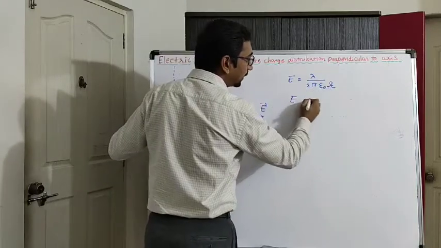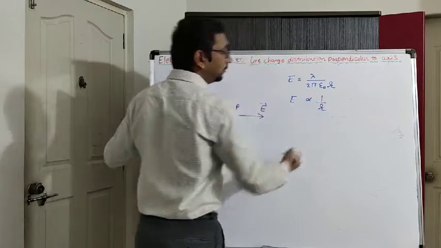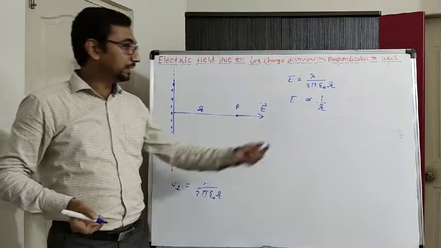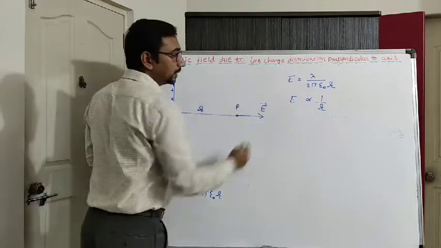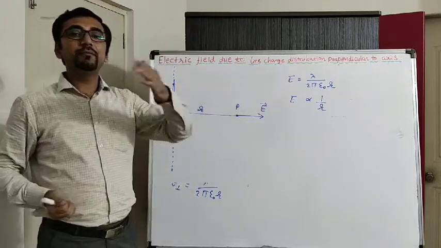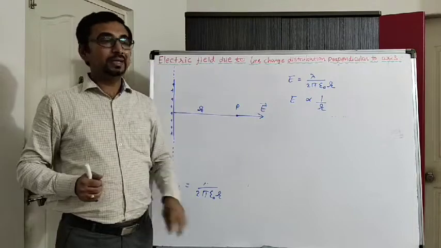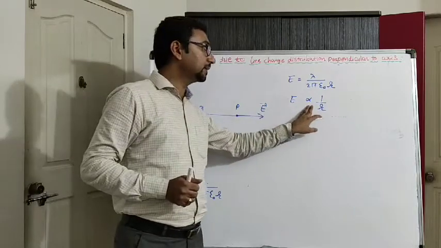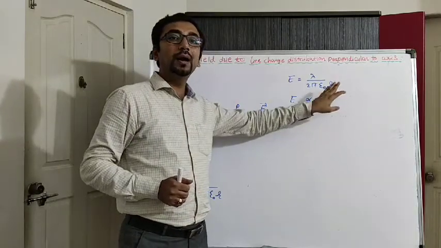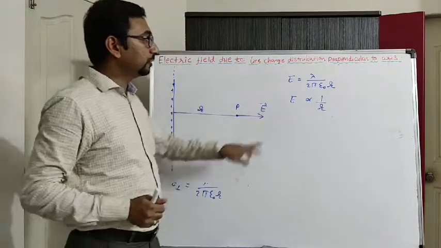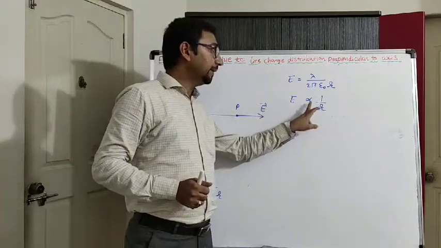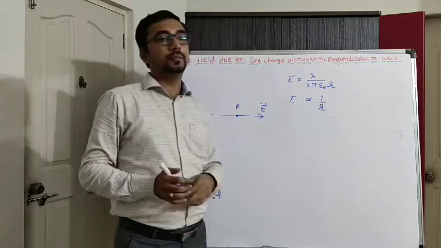So here the electric field varies inversely with distance r. If we double the distance, the electric field will become half. For a point charge, the relation was E inversely proportional to r square, while in linear charge distribution, E is proportional to 1 upon r.